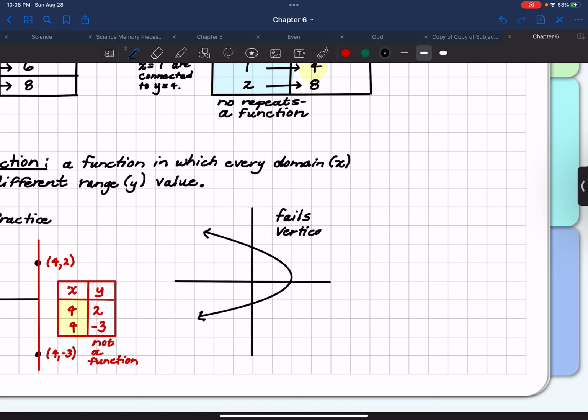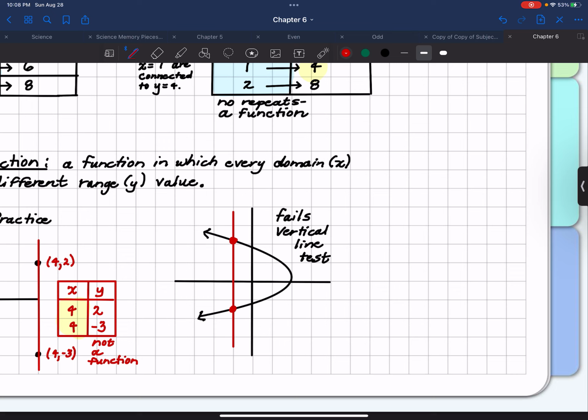And I'm going to show you. Vertical is up and down. So let's bring an up and down line right through here. And do you see what's happened? It's the same thing that happened in that first situation. You have 2 points on a vertical line that touch the function.